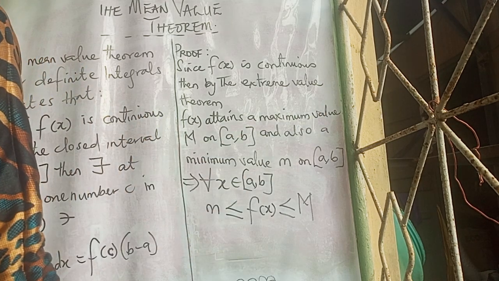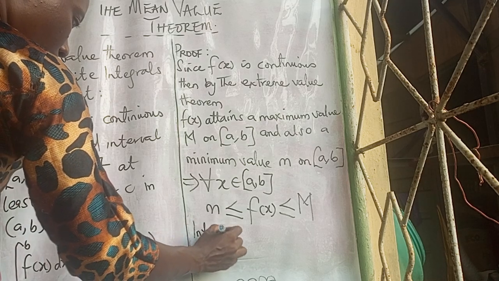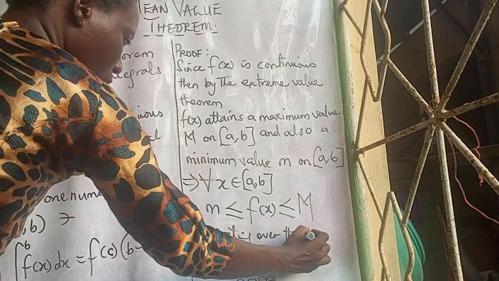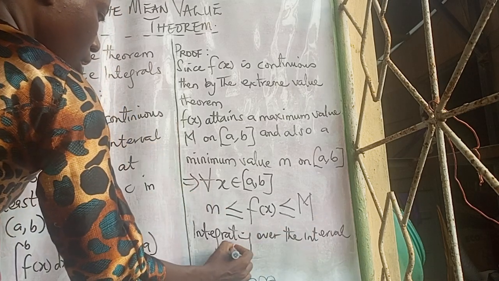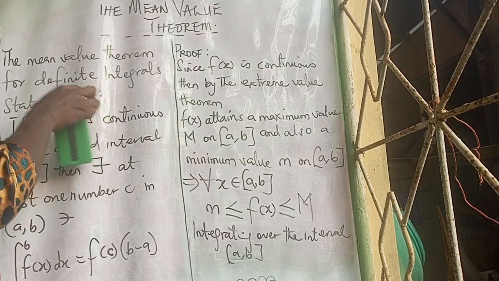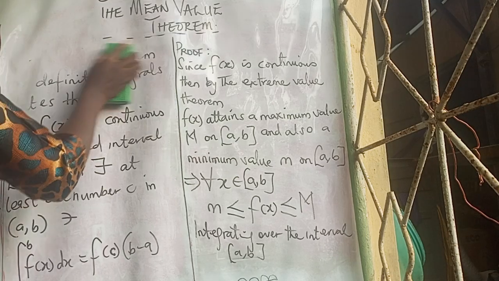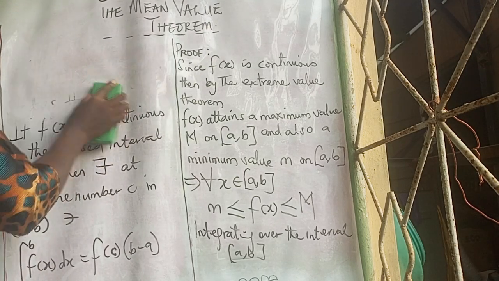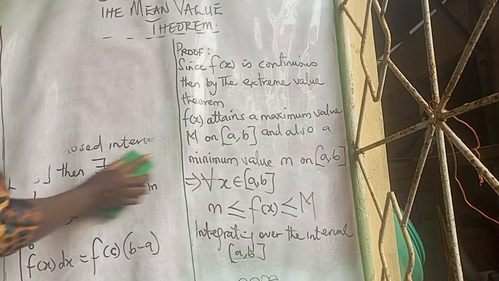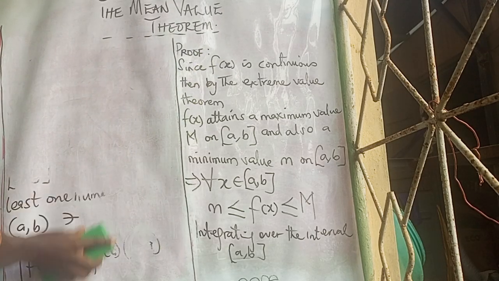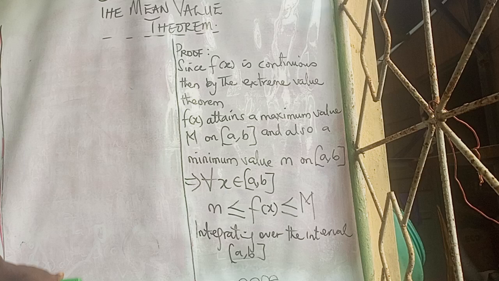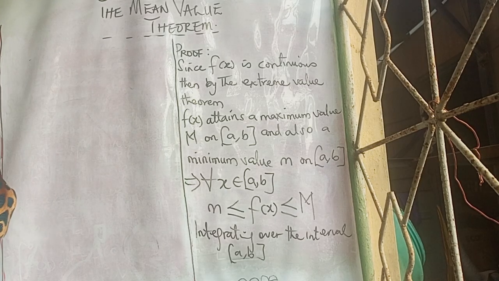Integrating this over the interval [a, b], what do we have? Let's see.